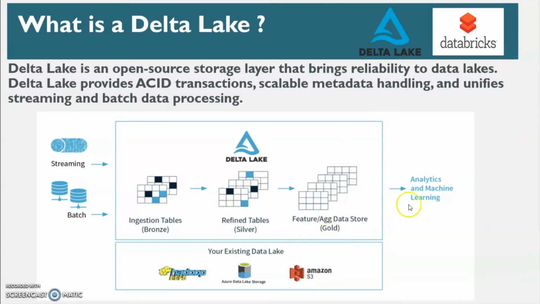The gold zone we can use for our analytics and machine learning purposes. Now you can see this delta lake is an additional layer that helps overcome the missing features or existing problems with the data lake. So let's move on to our scenario and try to implement this delta lake on top of our data lake.